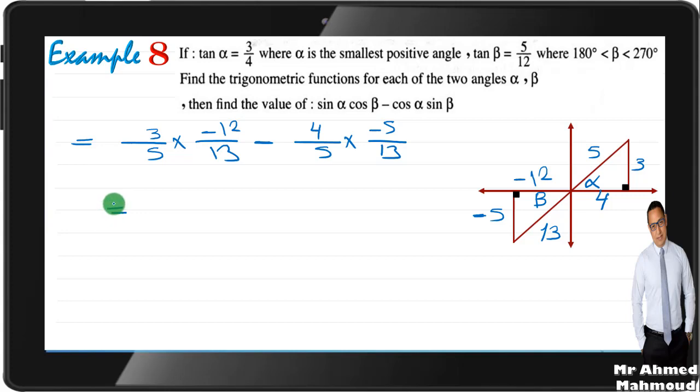Finally, this expression equals negative 16 over 65.